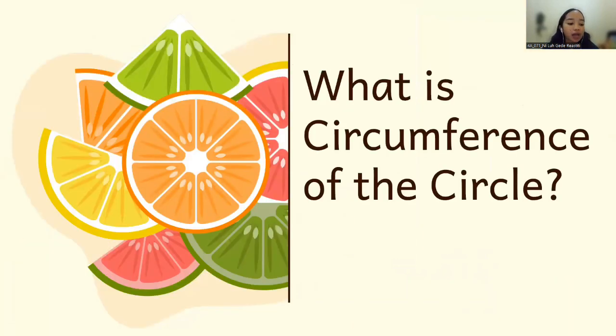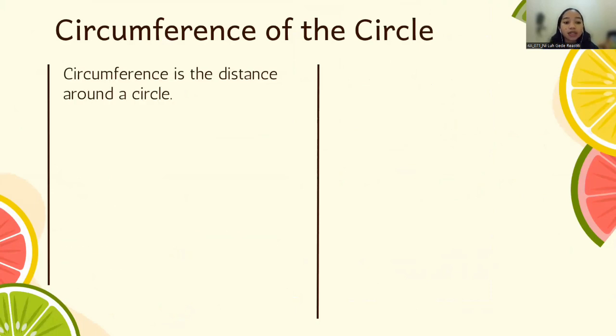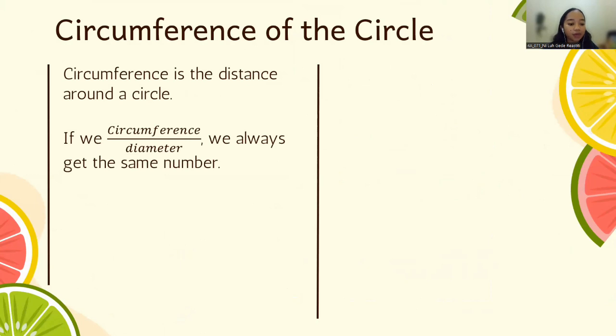Now, I will explain what the circumference of the circle is. Circumference is the distance around a circle. If we divide the circumference of the circle by its diameter, we always get the same number.